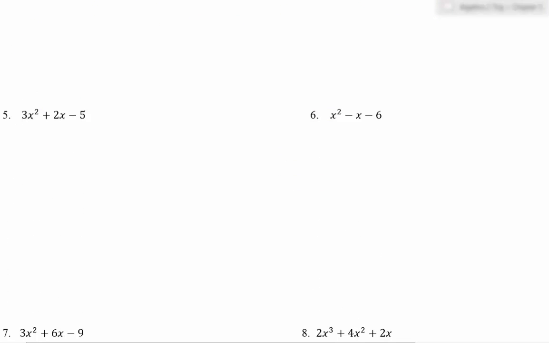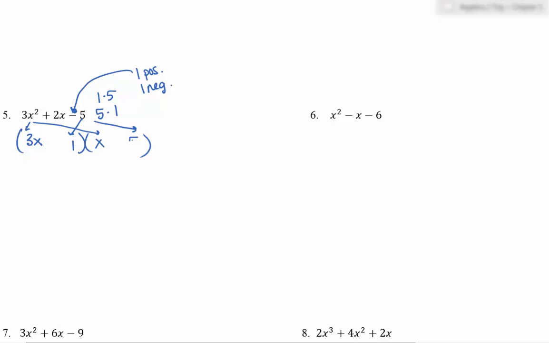So let's keep going. Factoring's so fun, isn't it? So this is a trinomial, no GCF. I can't divide any of the numbers or variables by each of the terms, so I go right to my two binomials. So I'm splitting my first term. I've got 3x and 1x, because 3 times 1 is 3. And then I have a 5. It's either 1 times 5 or 5 times 1, and it's negative. So 1 is positive and 1 is negative. I know that for sure.